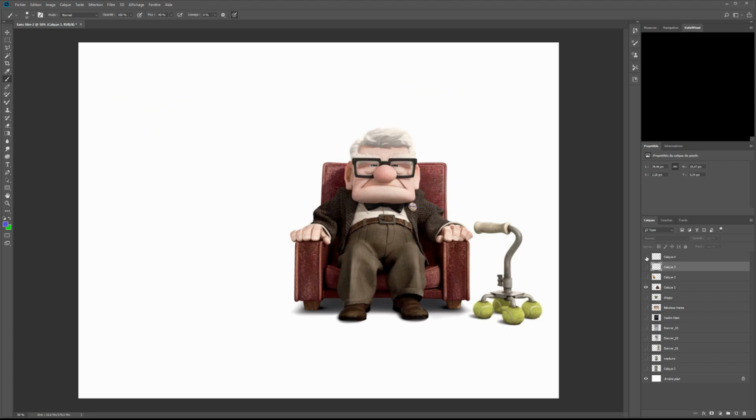He's only squares and straight lines, and even his fingers are straight. Everything is straight on Mr. Fredricksen, you see.